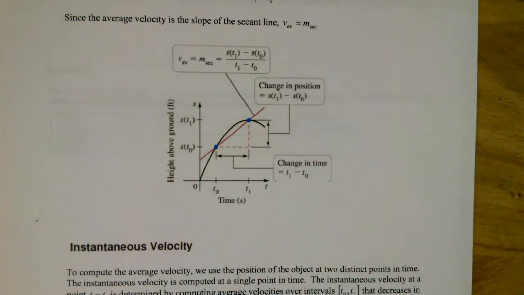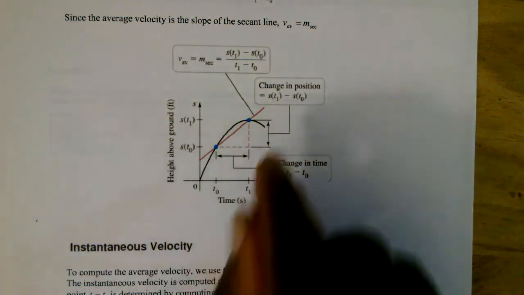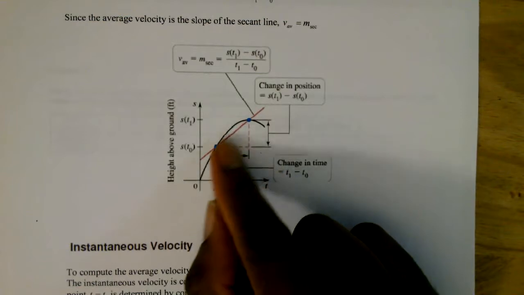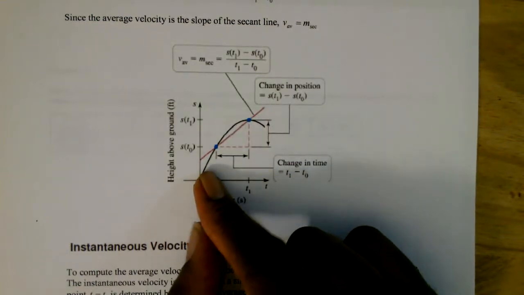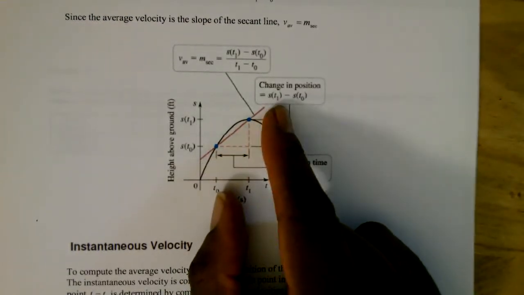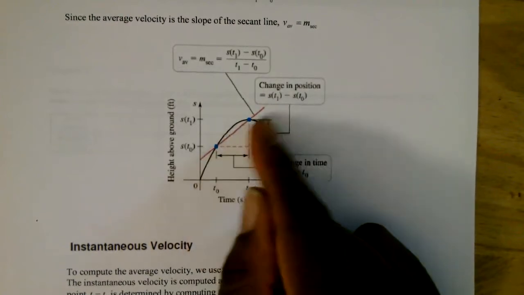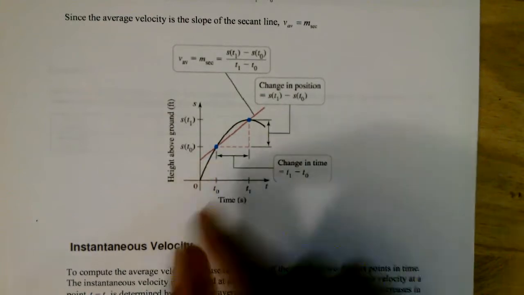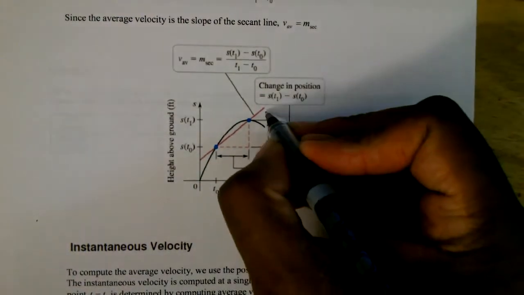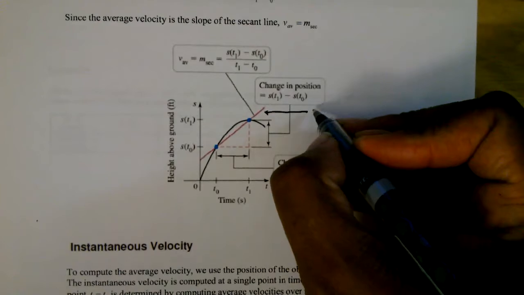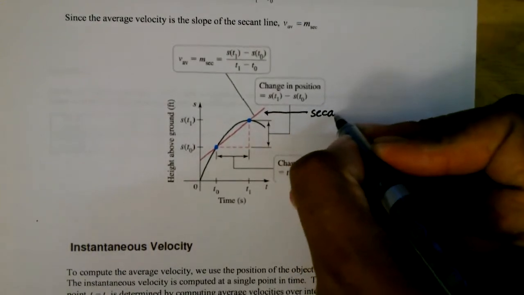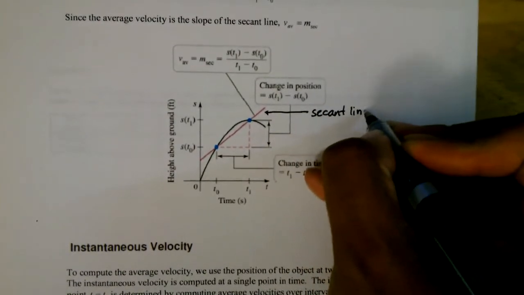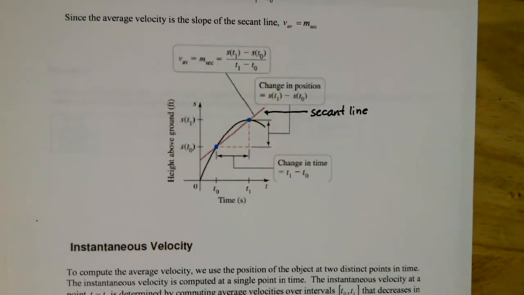All right, now in this case here, this is the illustration of pretty much that average velocity. Here we have a curve that's given to us, which is, of course, s of t. And let's say we have this line right here. That red line that you see here, we call that the secant line. That is a secant line. And what that means is this is a line that crosses the curve at 2 points.